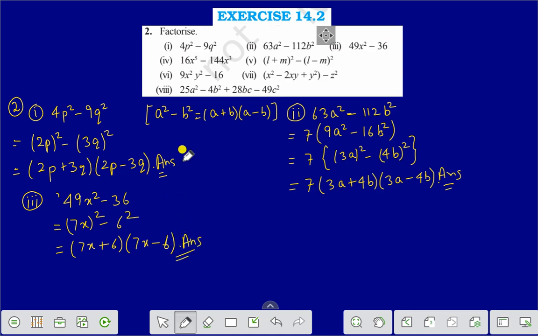Now you solve question number 4. Question number 4 is 16x to the power 5 minus 144x to the power 3.